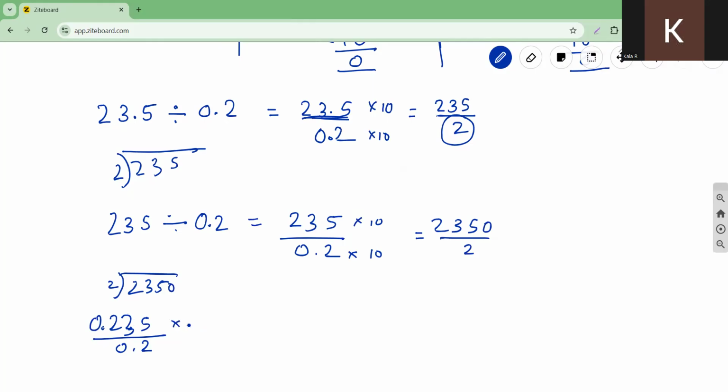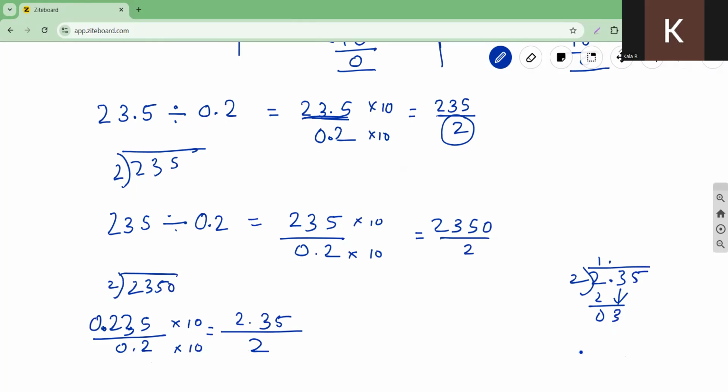Again, I'm just going to multiply by 10 because my objective is only to get the divisor as a whole number. So I get a 2 in the denominator, and because the decimal point is here, it's only going to be 2.35. Now I do the normal division of 2.35 divided by 2. 2 times 1, 0. And because the decimal point is here, I shift the decimal point here. And then I take the 3 and I continue like that. It's the same way to do.